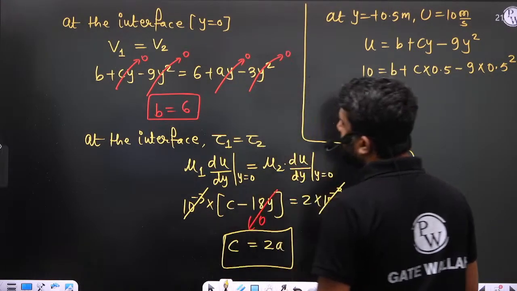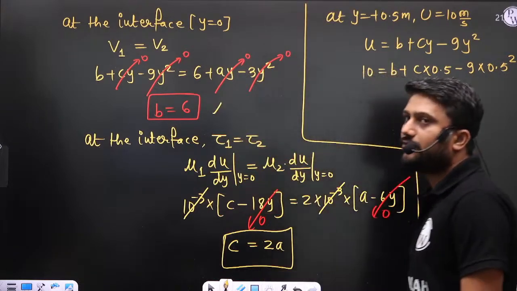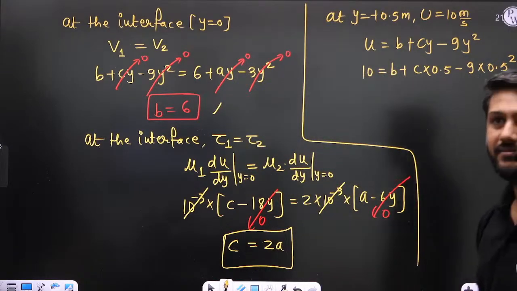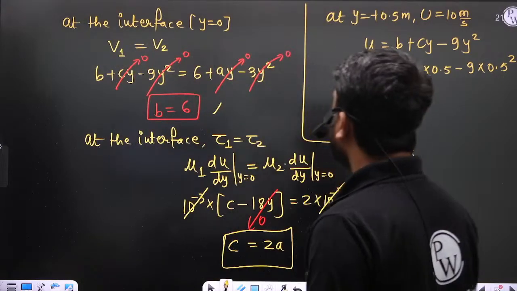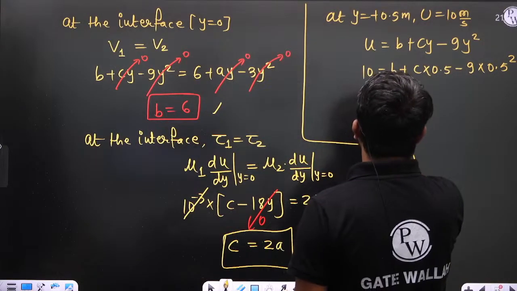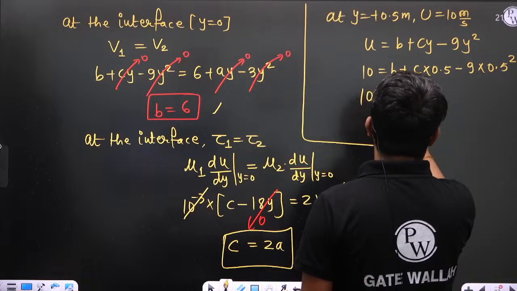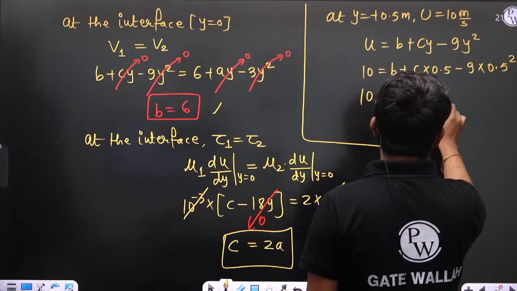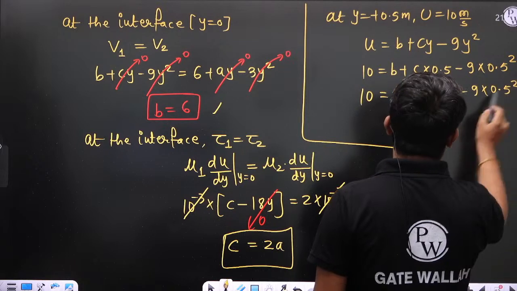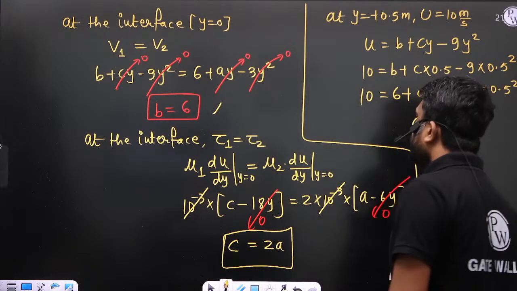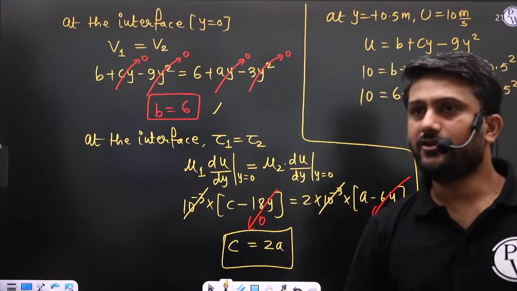We already calculated the value of b, which is 6. So 10 is equal to 6 plus c into 0.5 minus 9 into 0.5 square. Tell me, what is the value of C?